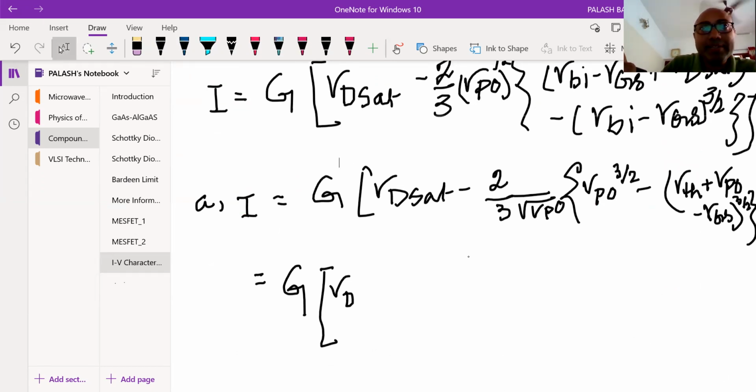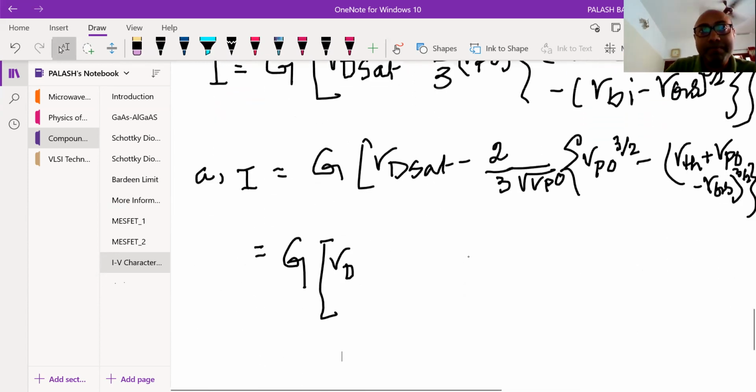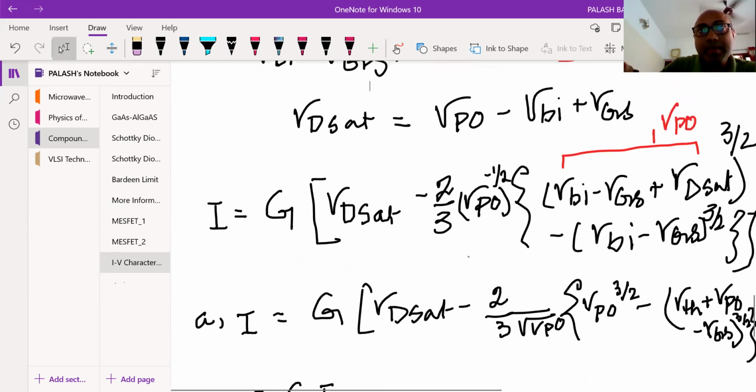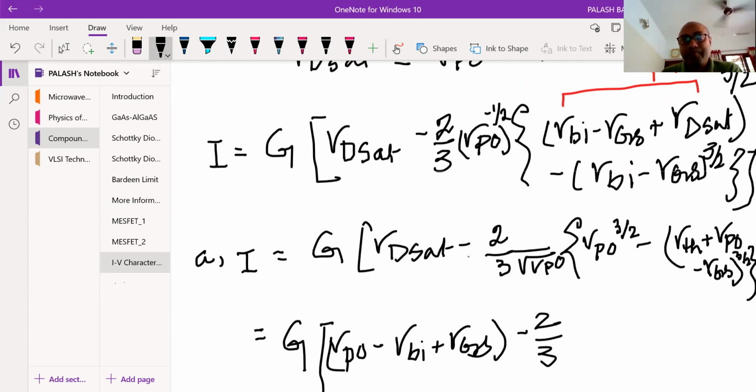It is that. Okay, what is VD sat? VD sat is VP0 minus VBI plus VGS, right? So let me write VP0 minus VBI plus VGS, 2/3 of VP0. So 2/3 is equal to half. And here is the VP0.